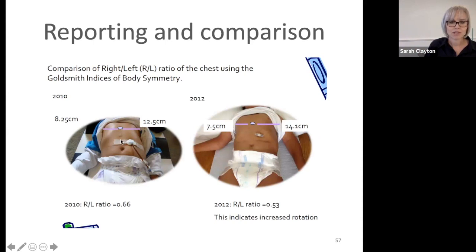So for example, this young man, who is somebody that I know very, very well, we're looking at his anti-clockwise chest rotation. And I don't know whether in 2010 it was any worse or better than it is in 2012, because just looking, it's really difficult to see. And remember that we've got this standardized start position of pelvis level.